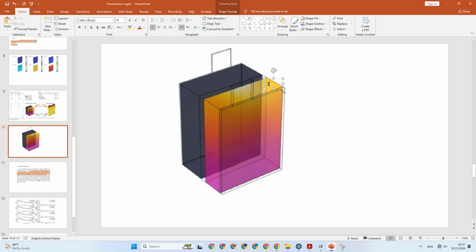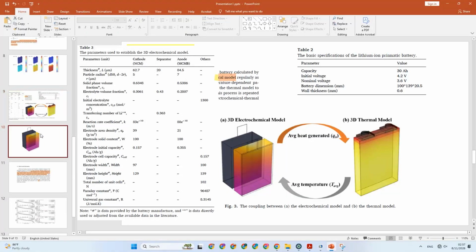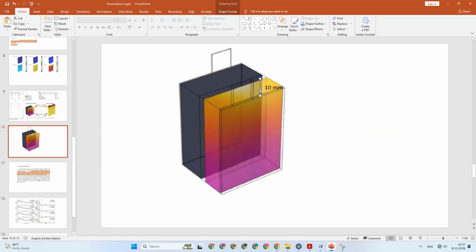It must be 10 millimeter. It must be 129 millimeter.